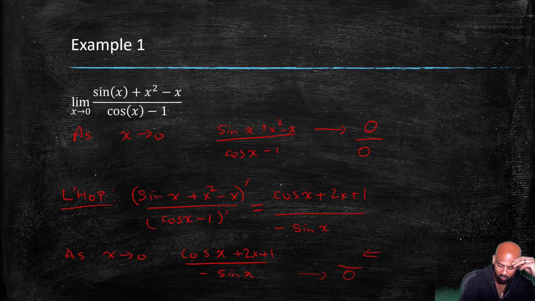Remember, it only works on 0 over 0, infinity over infinity. When you take this, the cosine piece effectively goes to 1. So that's going to be 1-ish plus 0 plus 1-ish, which means this is 2 over 0, which means a set number divided by a really tiny number.